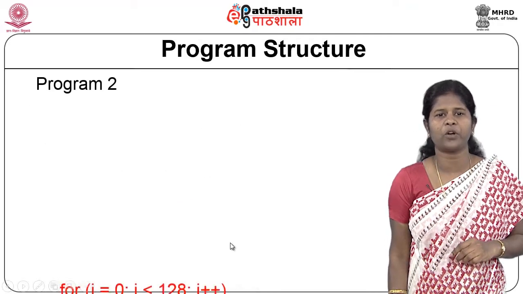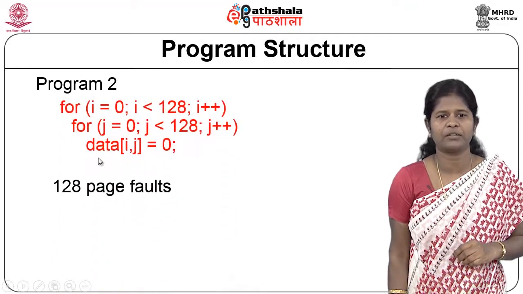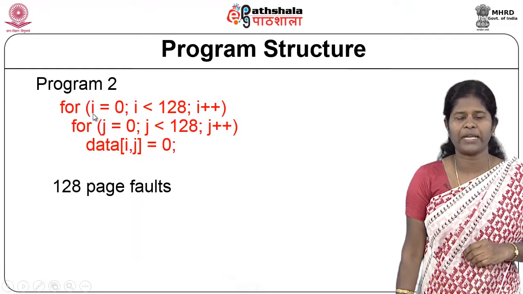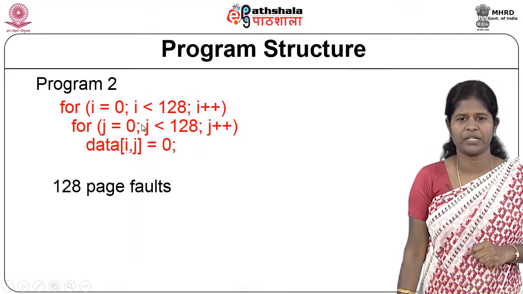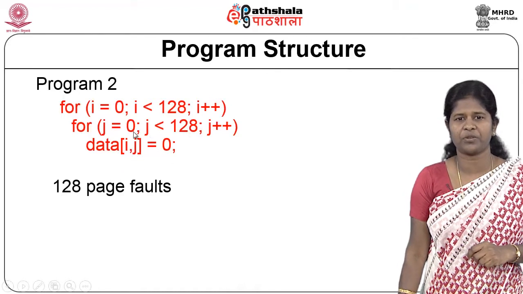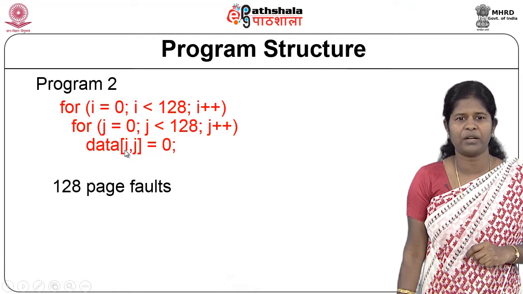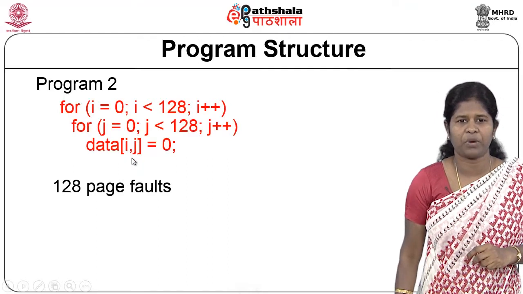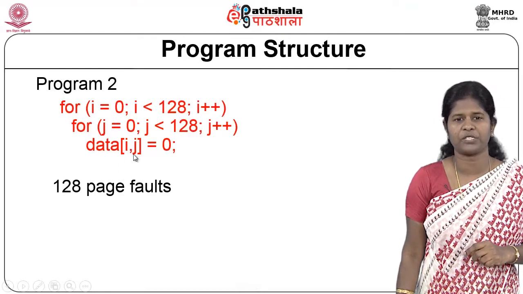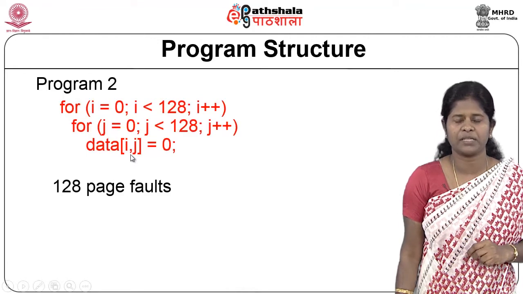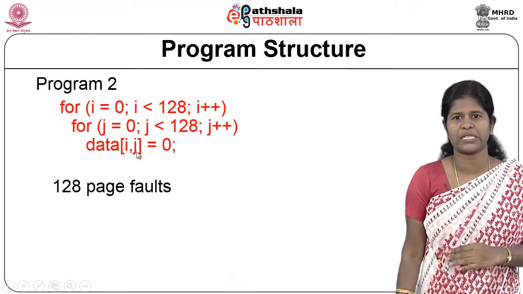But if the program is written in this manner, say you write i equal to 0 to 128 and j equal to 0 to j less than 128, data of i comma j equal to 0, the first element will be 0 comma 0, the second element will be 0 comma 1, third will be 0 comma 2, and so on.